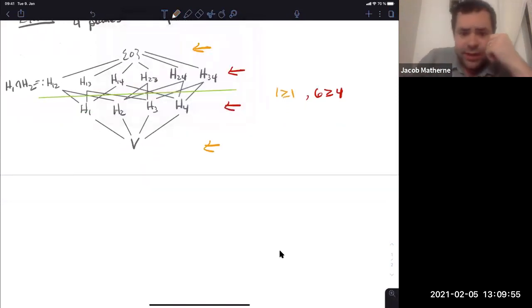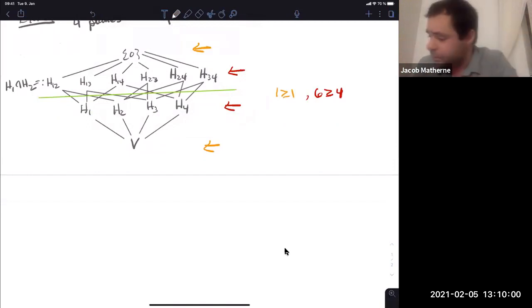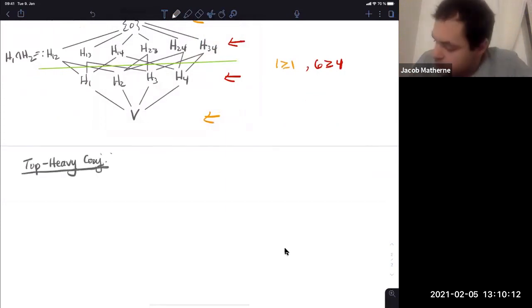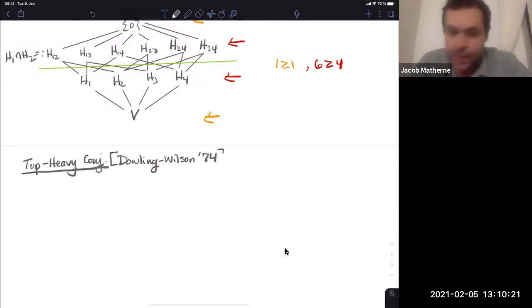So let me write this down. The poset is in some sense top-heavy. So the top-heavy conjecture was a conjecture by Dowling and Wilson in '74.